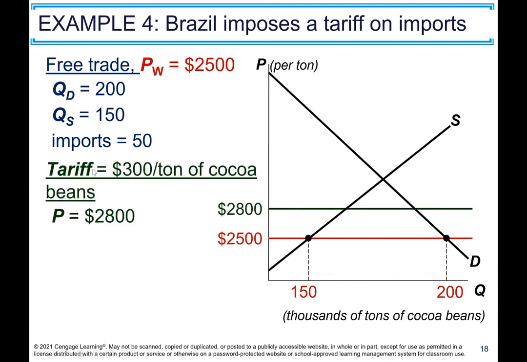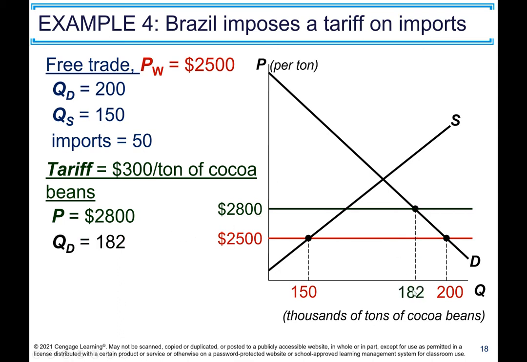If a tariff is imposed on cocoa beans, the price becomes 2,800. Price rises from 2,500 to 2,800.